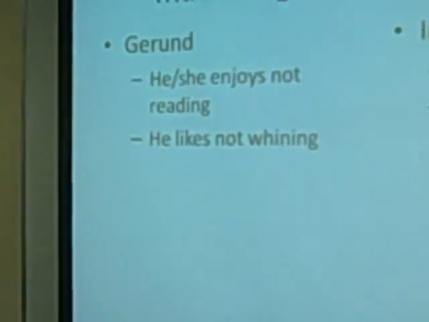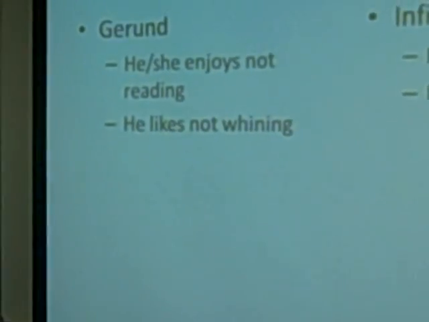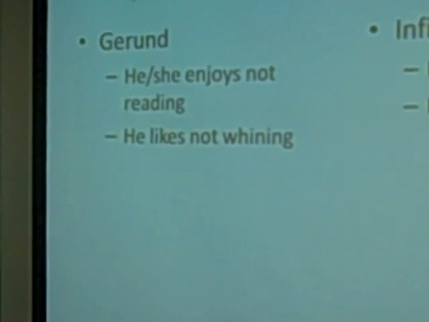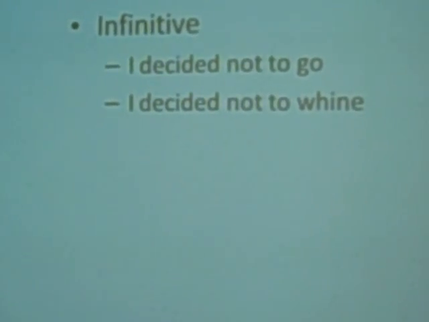Gerunds and infinitives can also be made negative by adding not. Let's say, for instance, for the gerund, he enjoys not reading. That is the gerund side. And for the infinitive, I decided not to go.